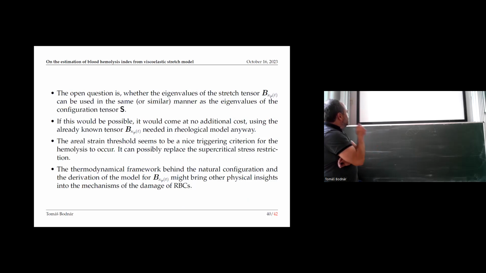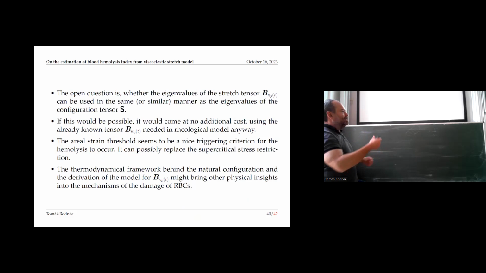Then I was discussing already some of these problems. What is nice is that this areal strain threshold is applicable instead of the stress threshold, because it's again something that is, let's say, physically and experimentally documented.